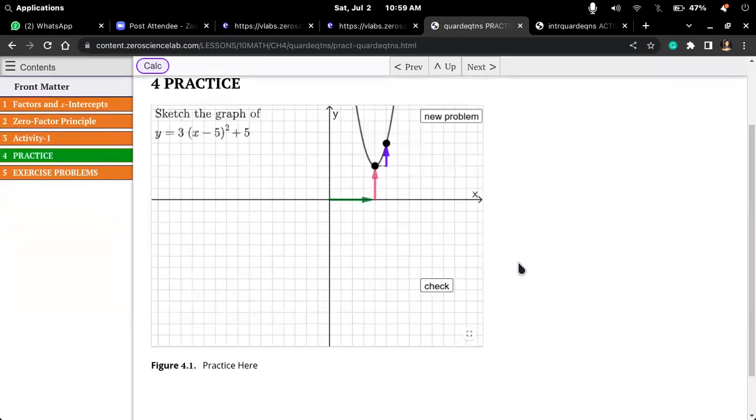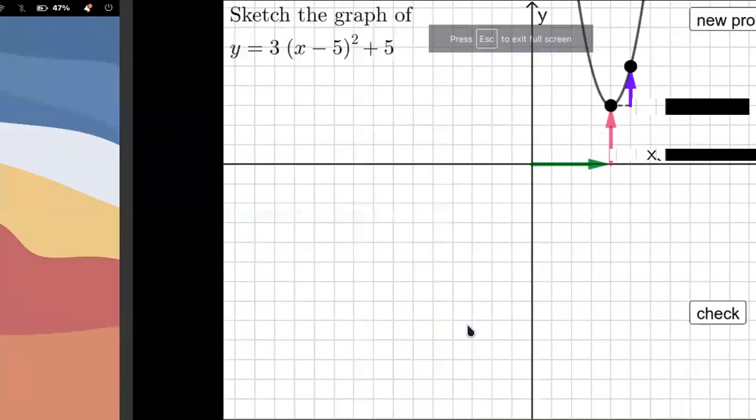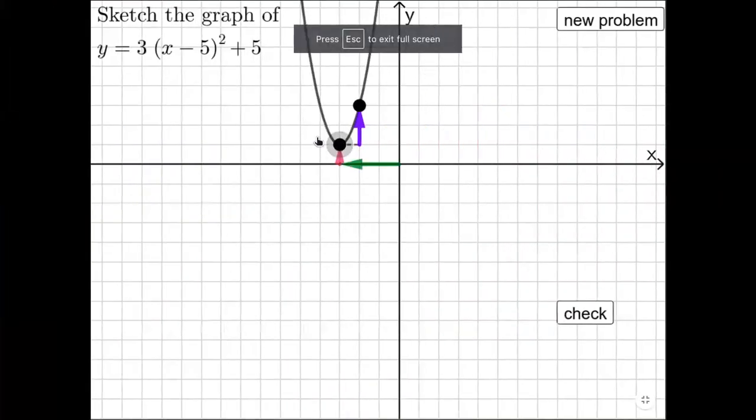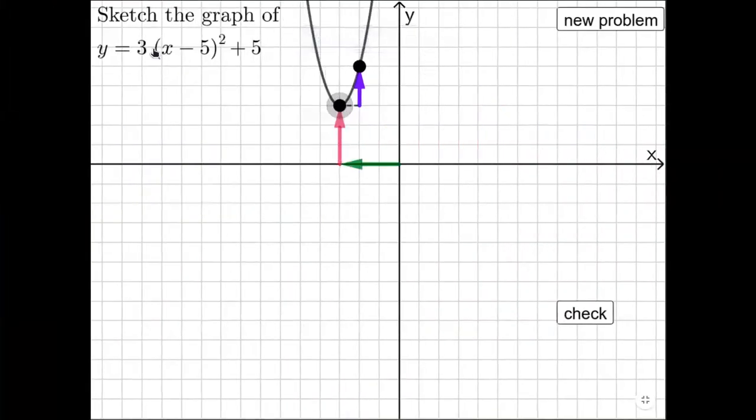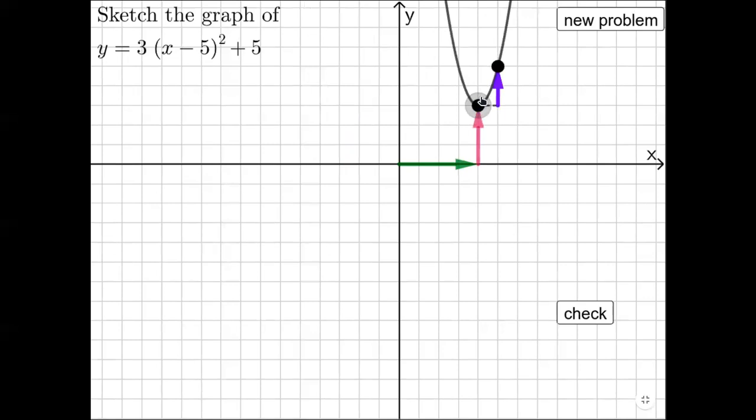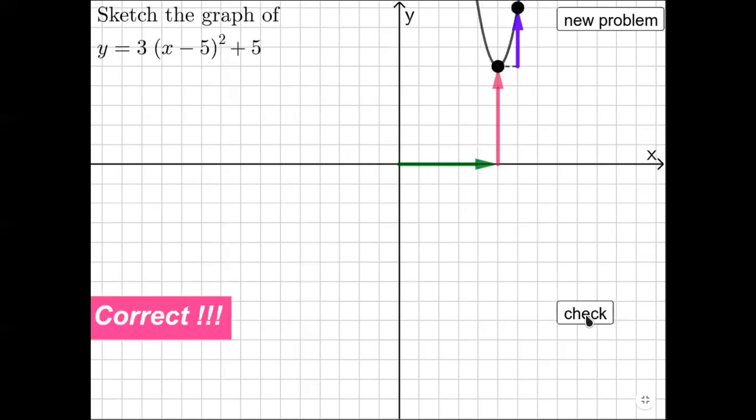With x minus 5, the minus 5 means it will be on the right: 1, 2, 3, 4, and this is 5. So this is plus 5, 1, 2, 3, 4, 5. This is 3, 1, 2, 3. Let me check whether it is correct or not. So this is the correct one.